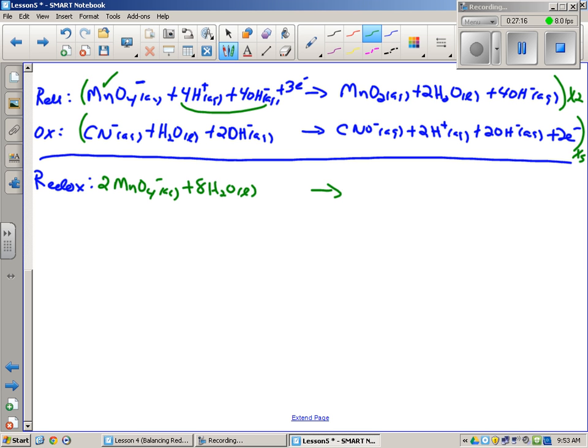Okay? Times the 2 over there. I don't have to worry about electrons because that was the purpose of multiplying it out. I'm going to go to the bottom part here because I'm going to stay on the left side. 3 CN minuses and 3 waters and 6 hydroxides.